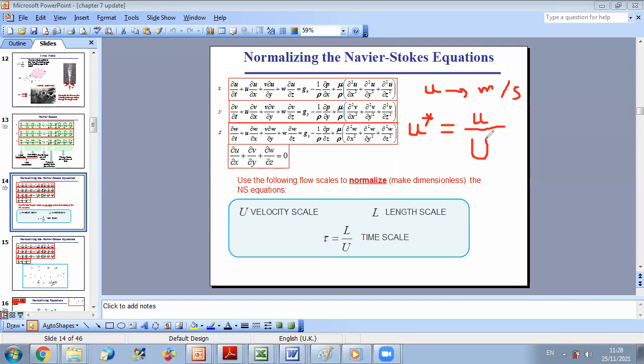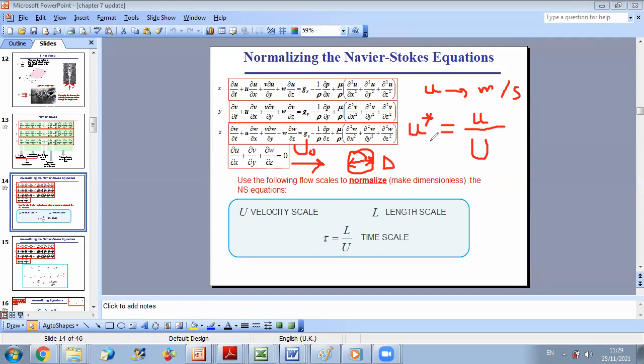Okay, so look, in any type of flow, you have characteristic velocity, characteristic lengths. For example, if we take the simple example of a sphere, and you have an upstream flow going towards the sphere, okay, and the sphere has the characteristic length, which is the diameter of the sphere d.